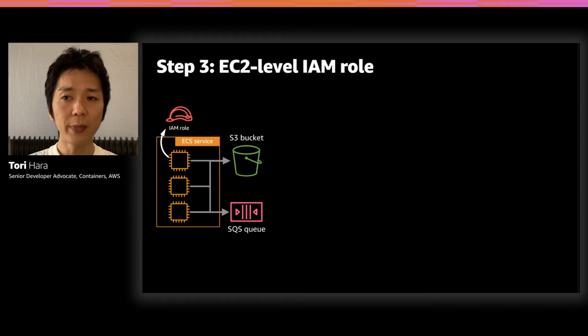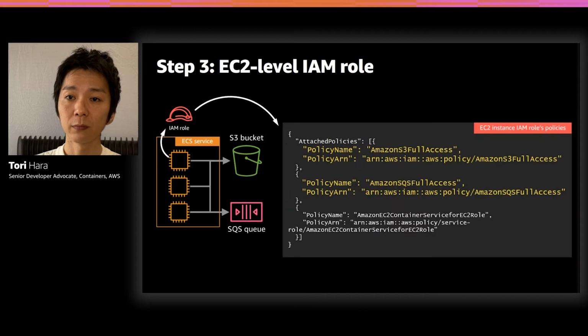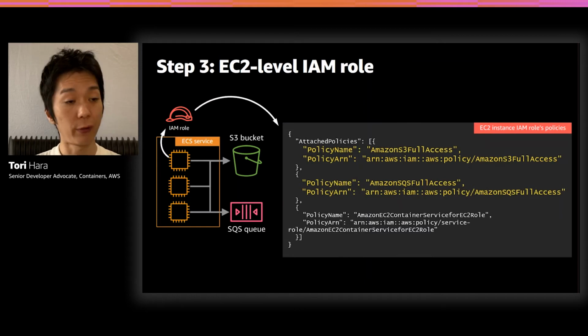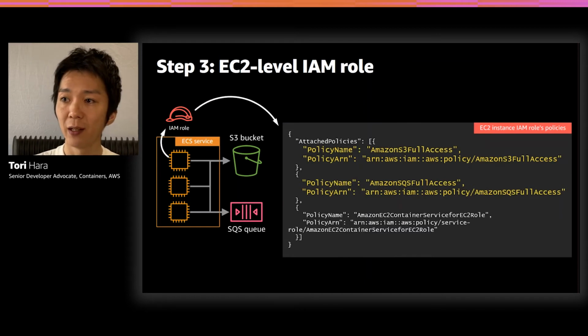So let's open and see the attached IAM role to the EC2 instance in the management console. This is it. It looks like it has the IAM policies which allow full access to S3 and SQS. So your ECS tasks are accessing those AWS services using this EC2 instance role.